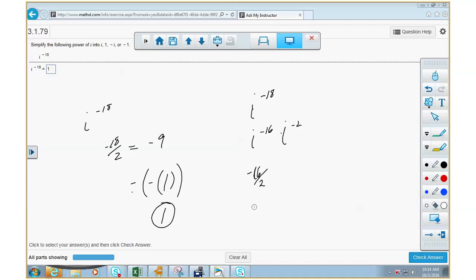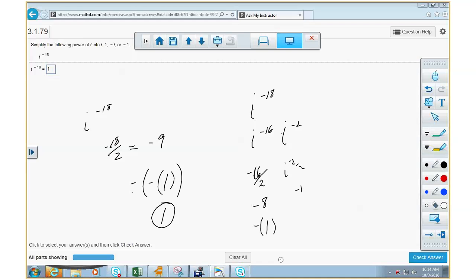Negative 8 gives us a 1, but it's going to be a negative 1. i to the negative 2, 2 divided by 2 is negative 1.